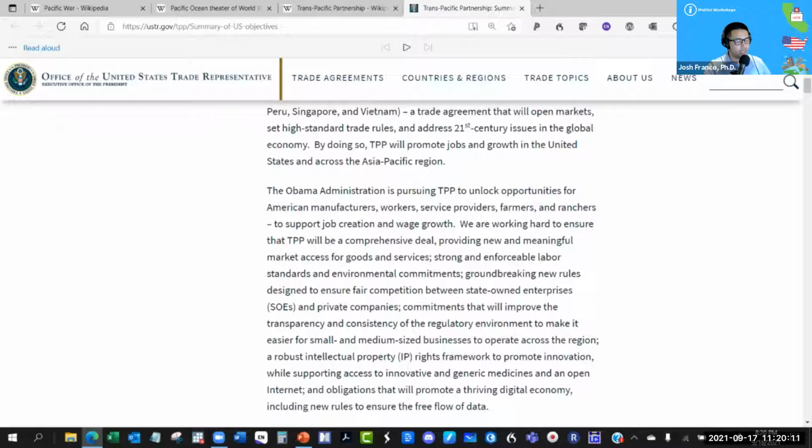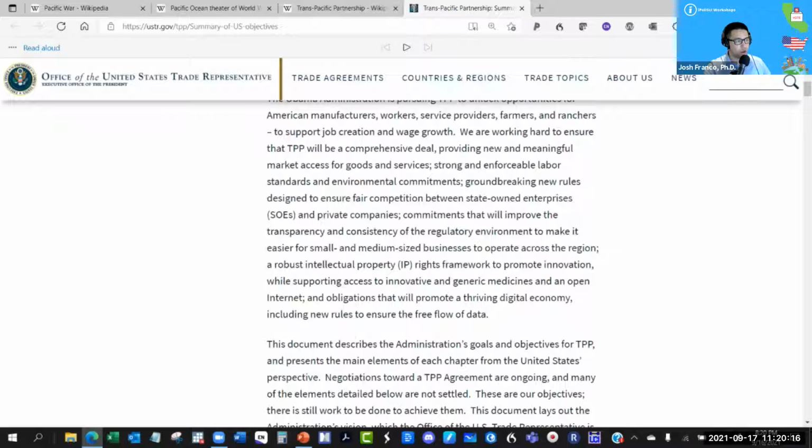We're working hard to ensure that TPP will be a comprehensive deal, provide new and meaningful market access for goods and services, strong and enforceable labor standards and environmental commitments, groundbreaking new rules designed to ensure fair competition between state-owned enterprises, called SOEs, and private companies, commitments that will improve the transparency and consistency of regulatory environment to make it easier for small and medium-sized businesses to operate across the region, a robust intellectual property, IP rights, framework to promote innovation while supporting access to innovative and generic medicines and an open internet, and obligations that will promote a thriving digital economy, including new rules to ensure the free flow of data.